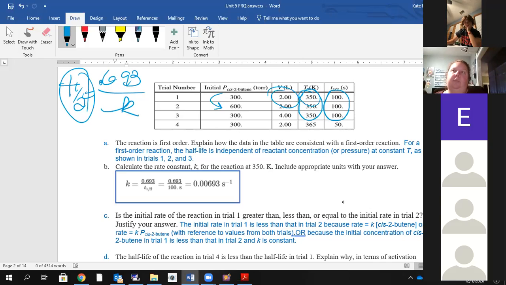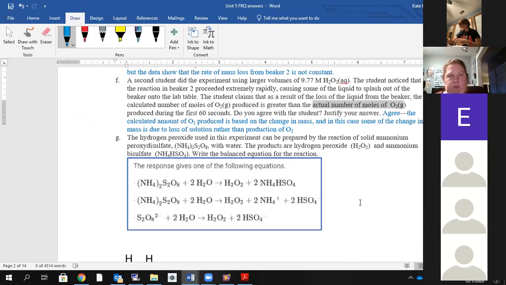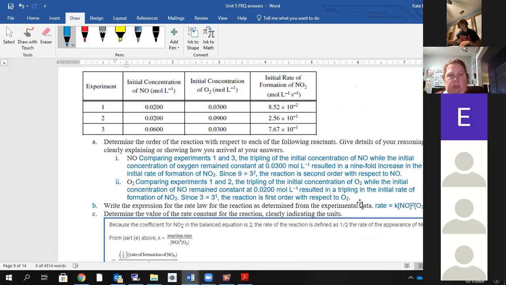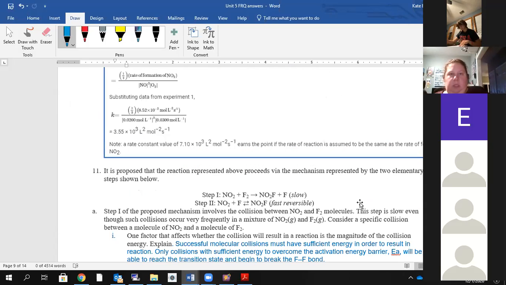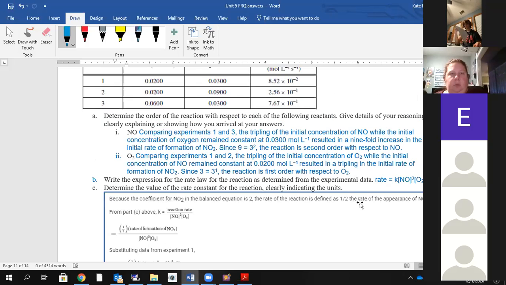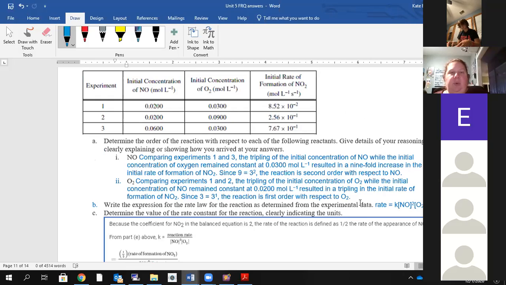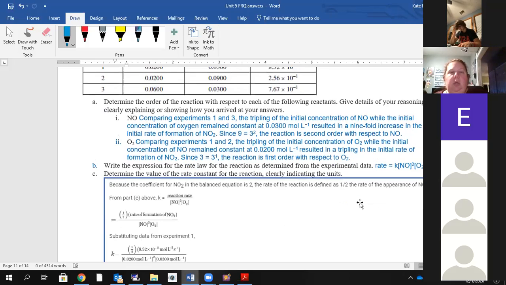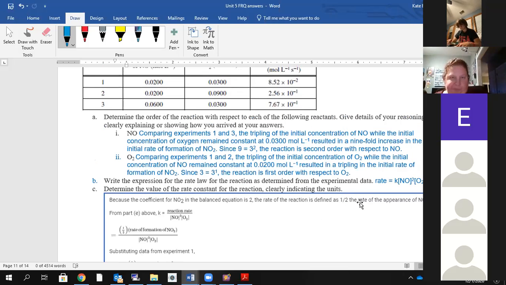Can we go to number 10, part C? Yes. 10 part C. So this is kind of weird. A little bit. Let's talk about this in a different way.